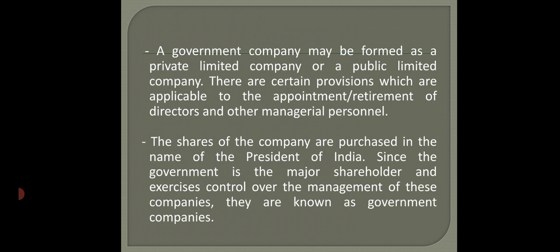A government company may be formed as a private limited company or a public limited company. In my previous classes we have seen types of companies. There are two types, public company and private company.